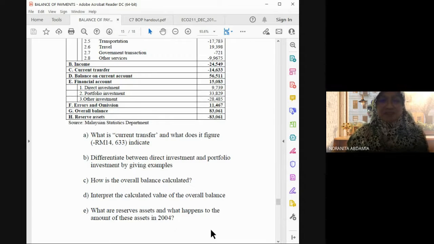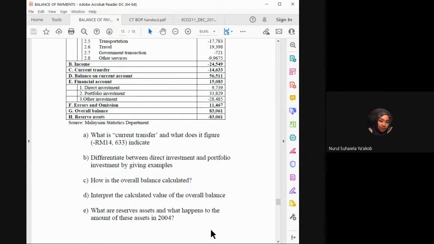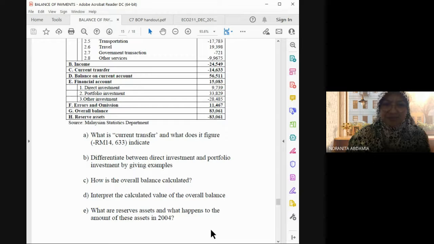Increase or decrease? Increase. Kenapa increase? Sebab negatif. Dia kena in line with the overbalance. Because here, nampak tak overbalance ni?